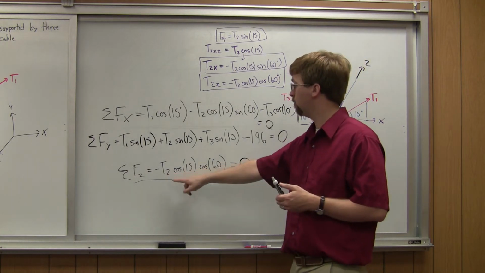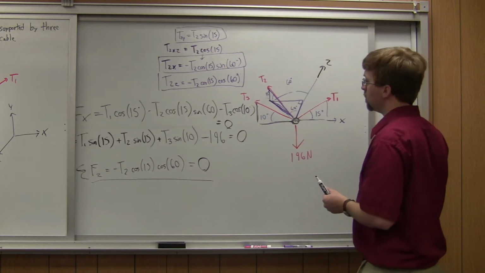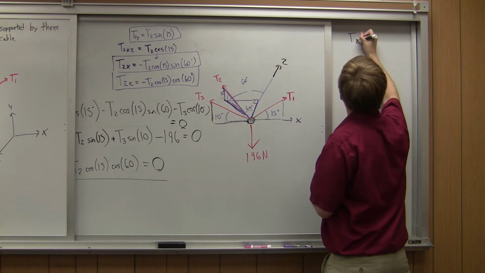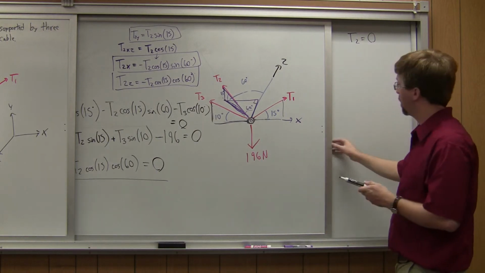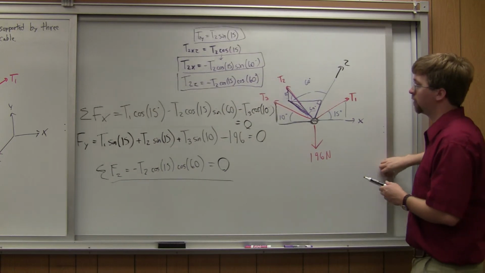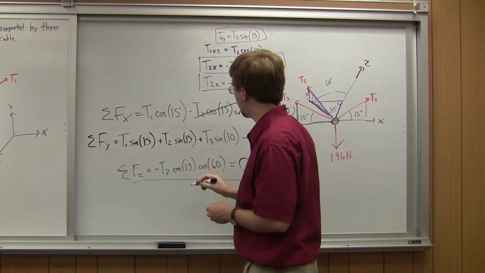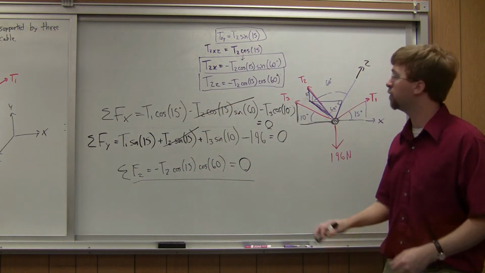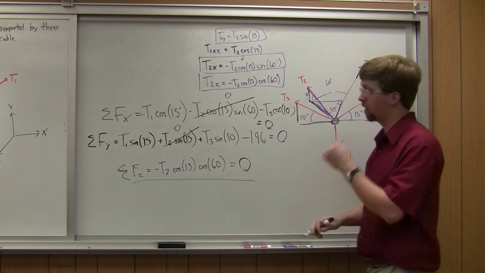So T2 has to be equal to 0. And with T2 being equal to 0, I can go ahead and kind of cross out this part here and this part here. I know those parts of my equations are going to be equal to 0.